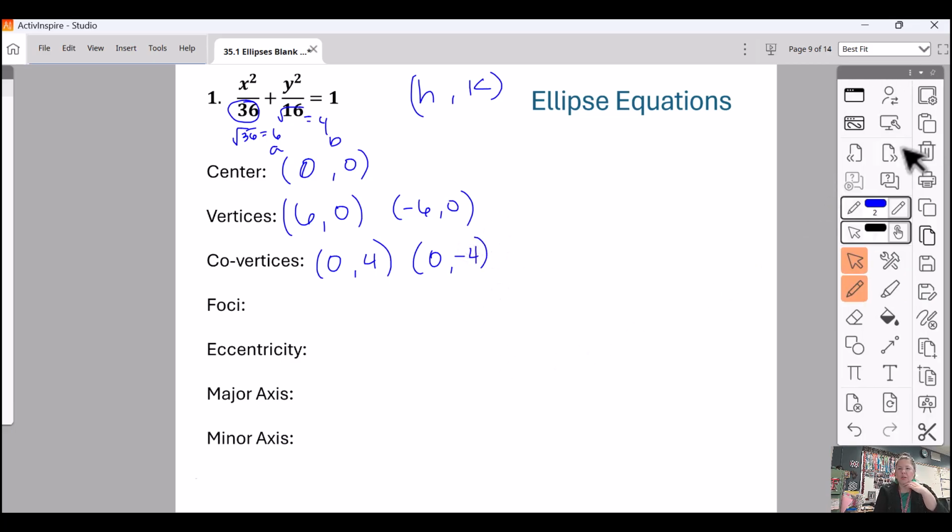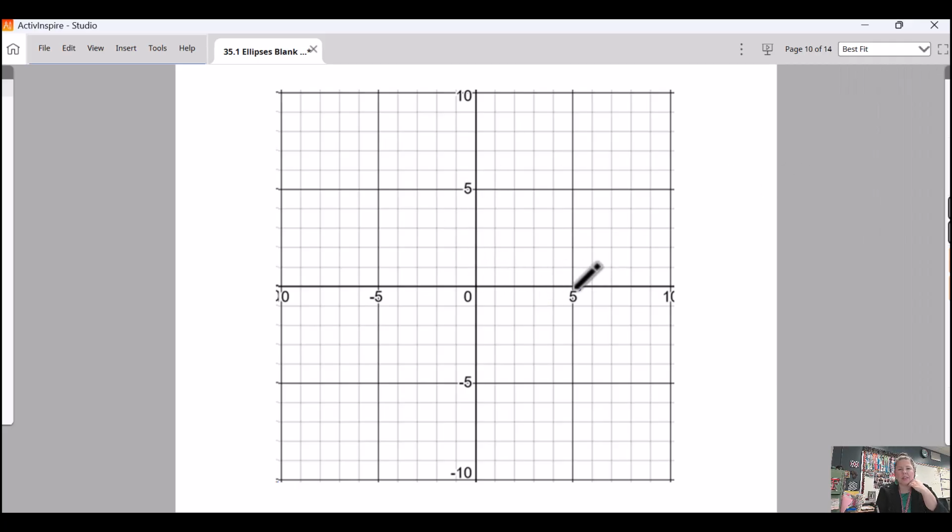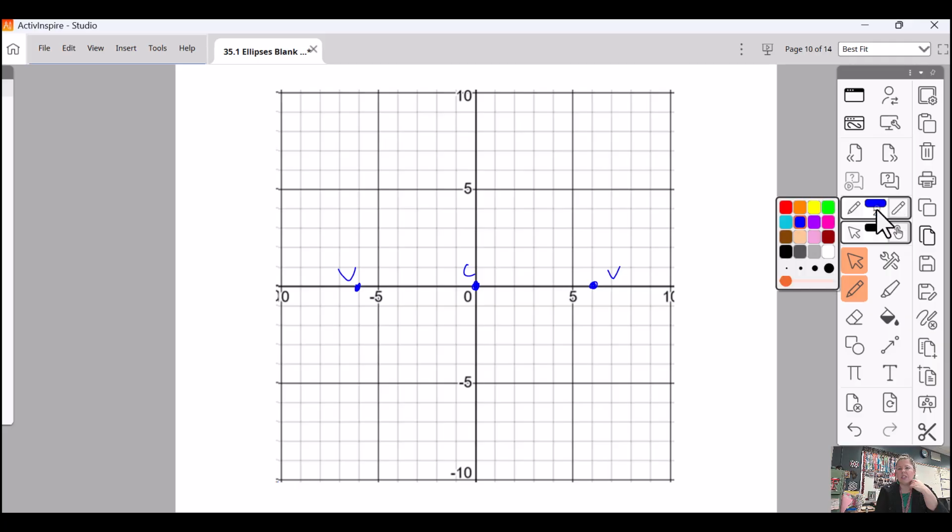I'm going to graph some of these points for us. We have our center at 0, 0. We have our vertices, and I'm going to label these a little bit: vertex, vertex. Then my co-vertices, I'll change colors here, are going up 4 and down 4.